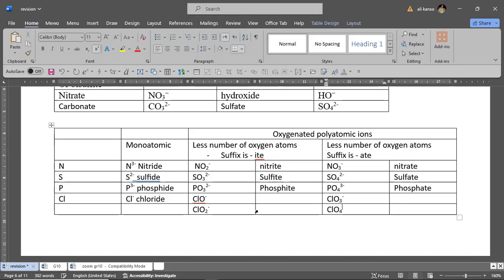Here we have four kinds of ions for chlorine. All of them are -1, -1, -1, -1.